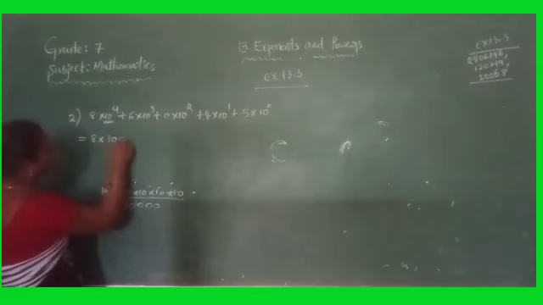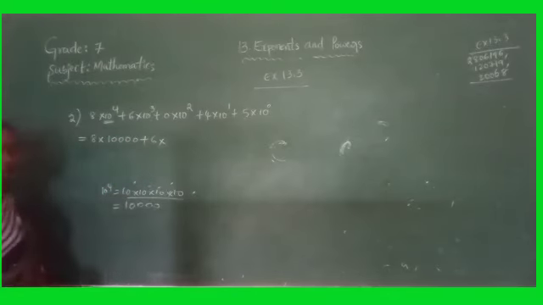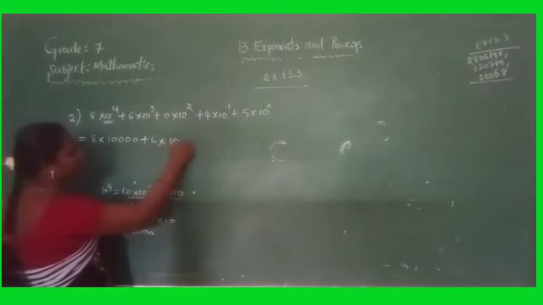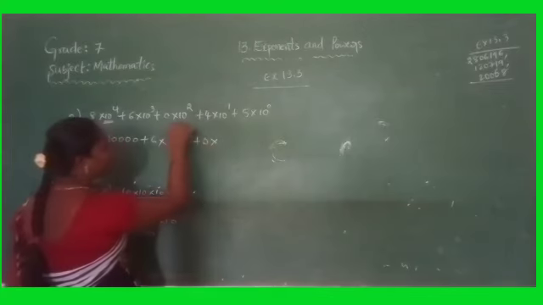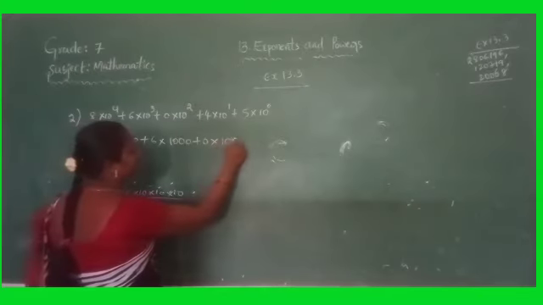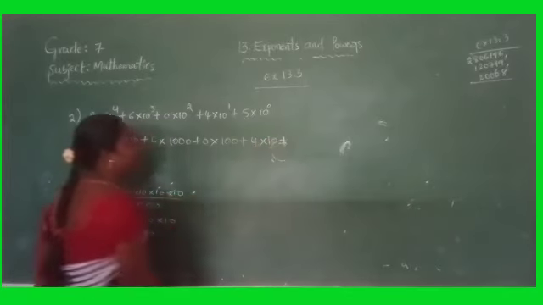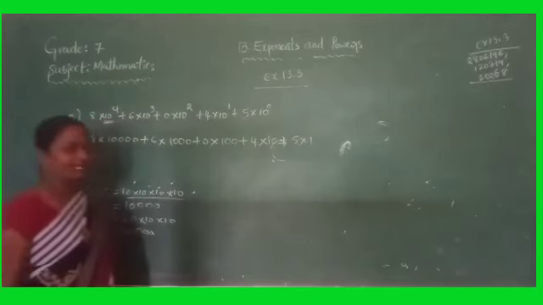So the value is 10,000. 6 into 10 cube. 10 cube value is 10 into 10 into 10 is equal to 1000. Next, 0 into 10 square is 100, plus 4 into 10 to the power of 1 is 10, and 5 into 10 to the power of 0 value is 1.